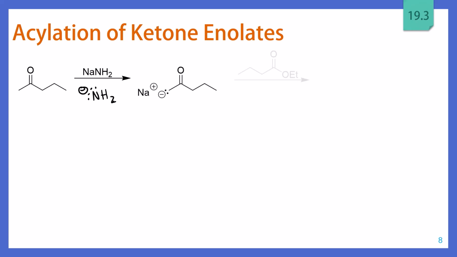So we can create our enolate, add in an ester, and create a beta-keto compound. Now this is a really strong base, and so it's not going to necessarily create the thermodynamic enolate. It's probably going to create the kinetic enolate and just get the reaction done more quickly.